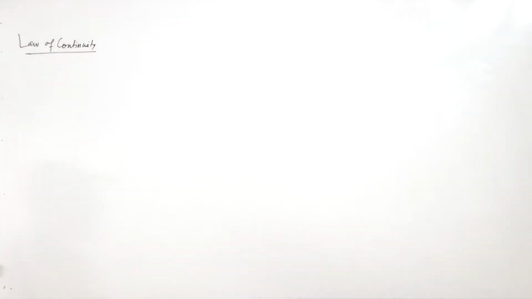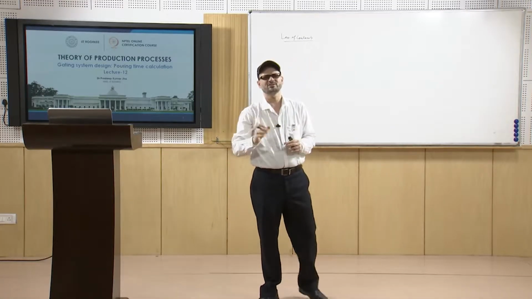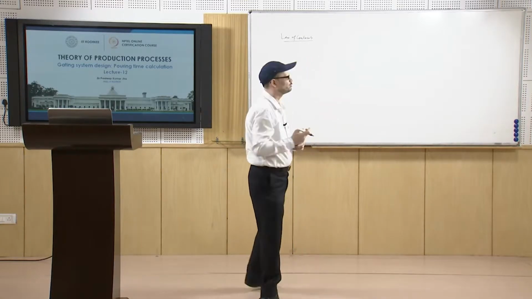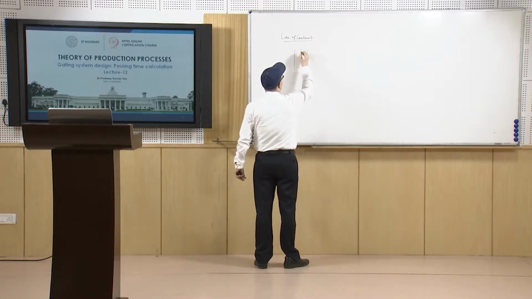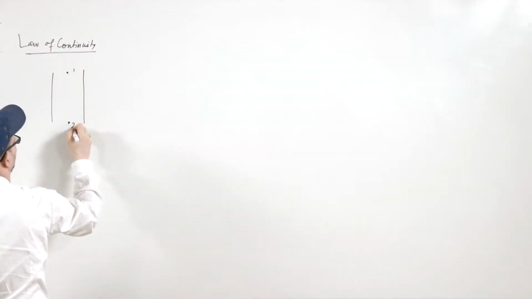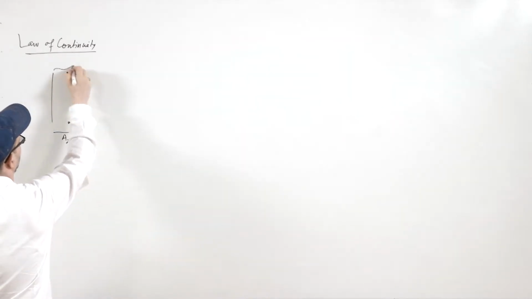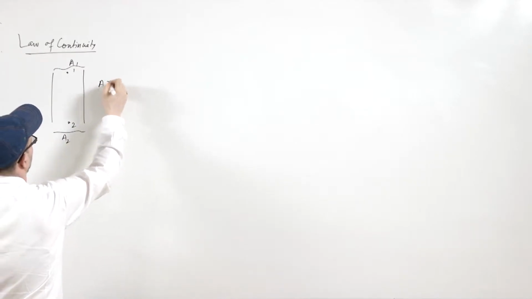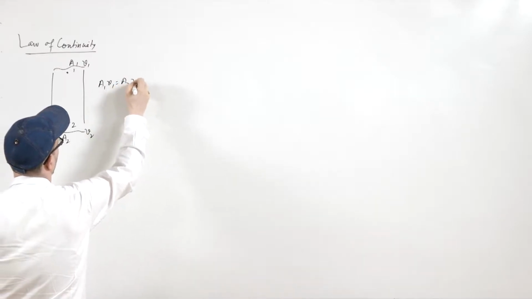Here, rho is the density of the fluid, A is the area of cross section of the channel, and V is the velocity. If you have two points, 1 and 2, with areas A1 and A2 and velocities V1 and V2, then A1 V1 will be equal to A2 V2.